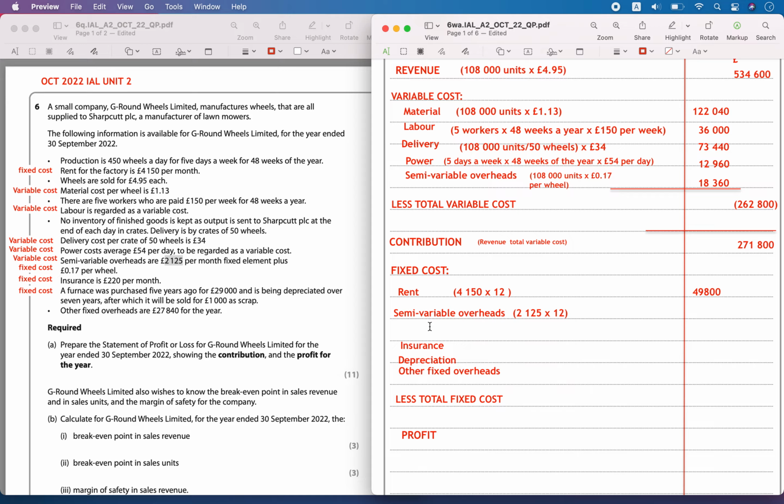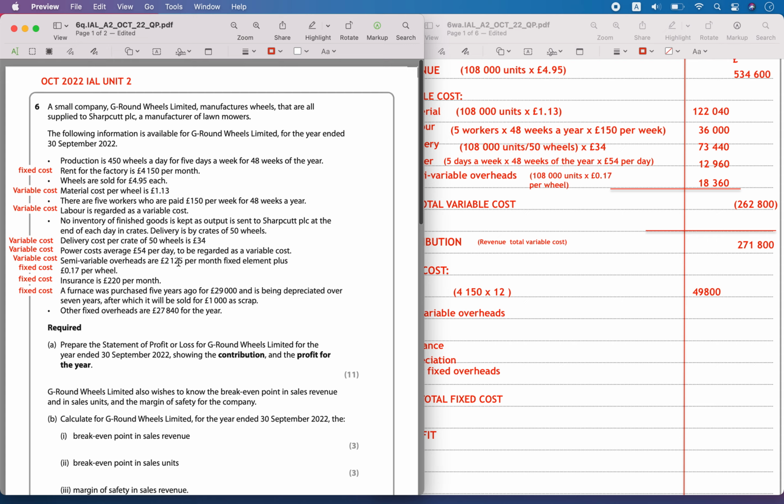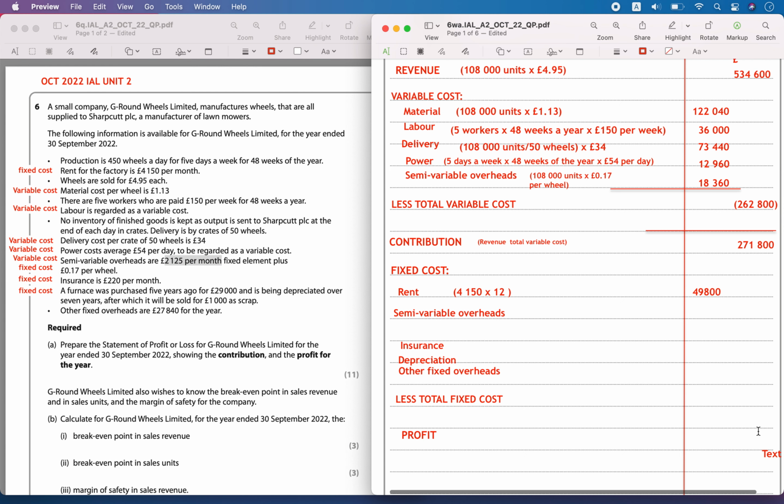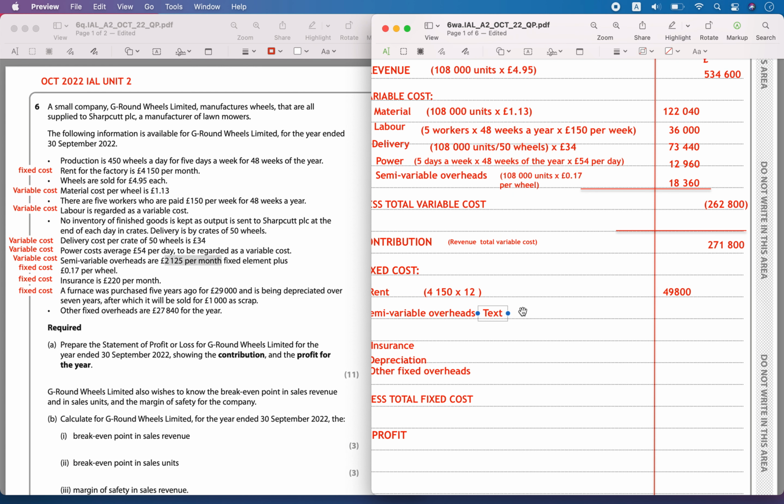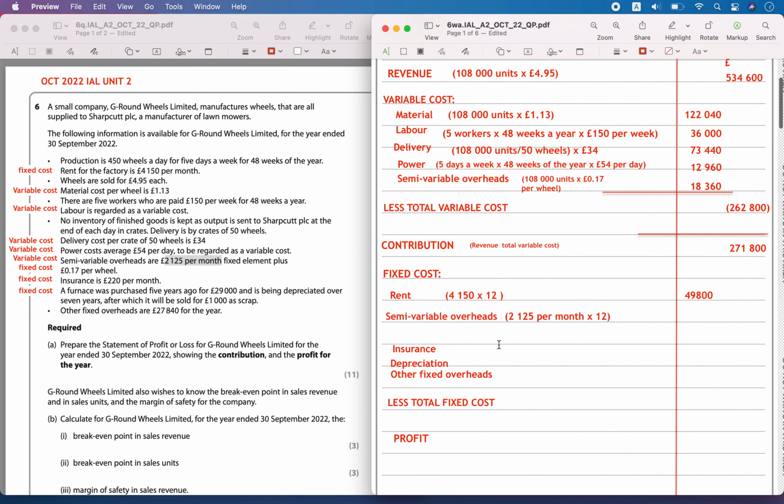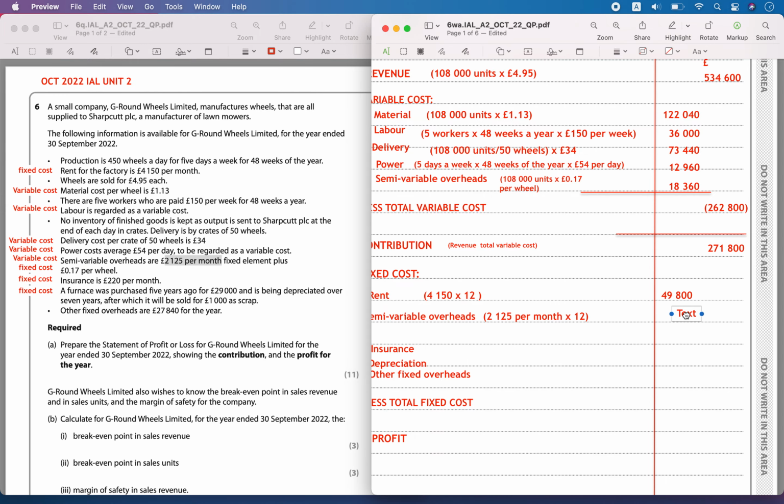So 2125 per month into 12 months is equal to 25,500.